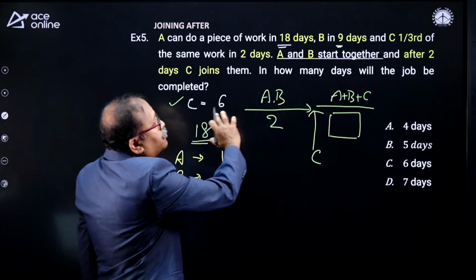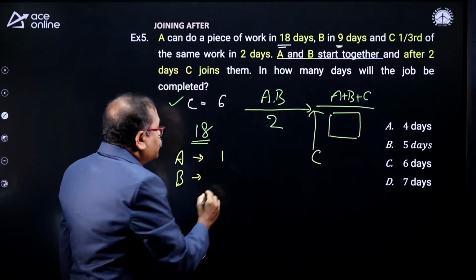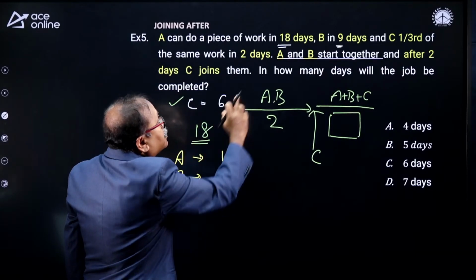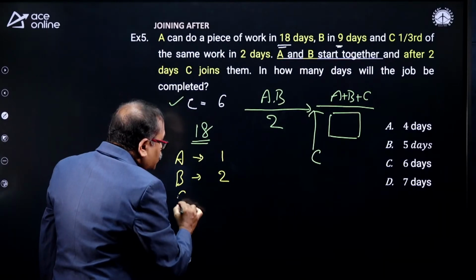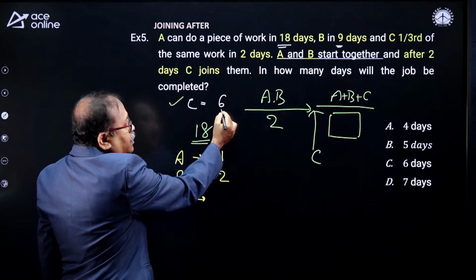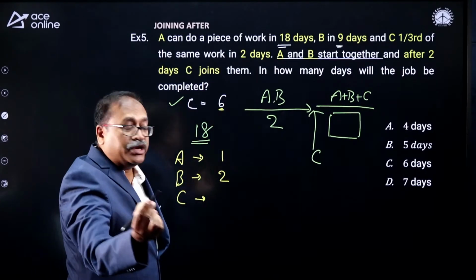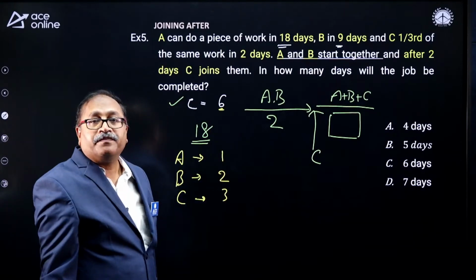Total 18 units are there and he takes 9 days. That means per day he completes 18 divided by 9, which is 2 units. And how many units does C complete per day? Here 18 units are there and he takes 6 days to complete, then 18 divided by 6, that is 3 units per day.